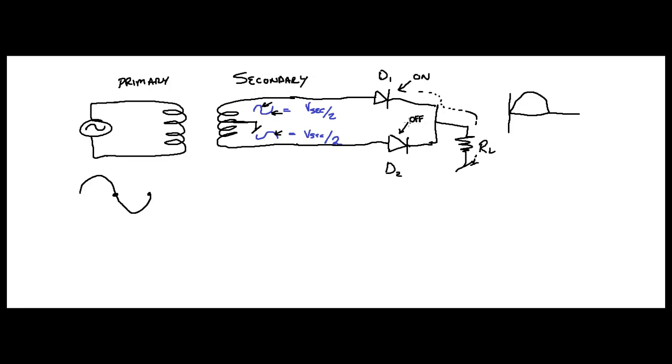Get it? Now, when it flips the other way, this one is off because your voltage is negative. You have negative here, you're going to have positive here. It's trying to push the wrong way. It's going to be off. And this one will be on. Notice you have a positive voltage down here, right? You're going to have a positive on this side, negative here.